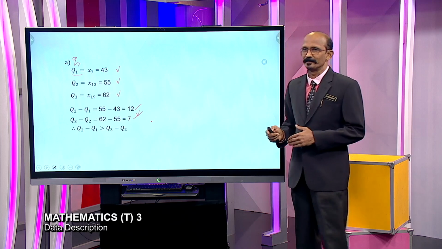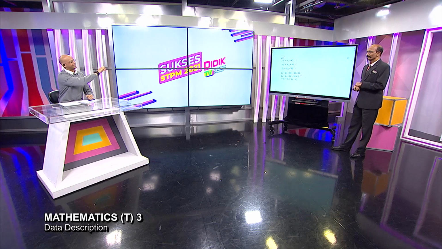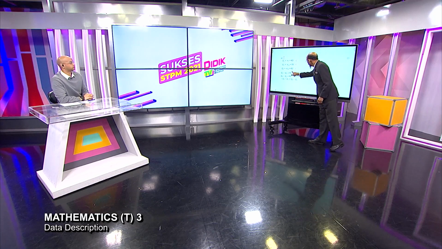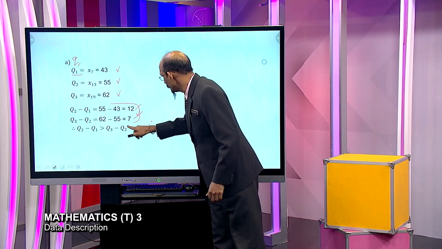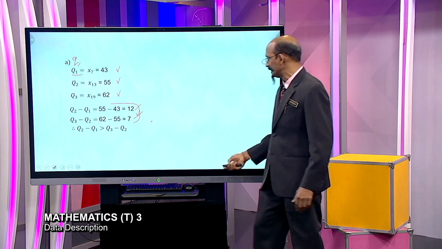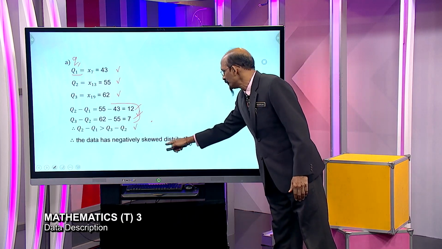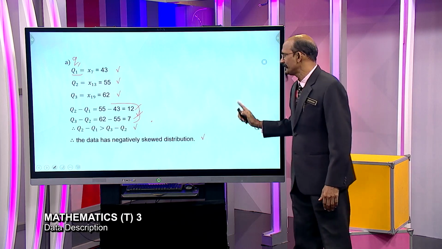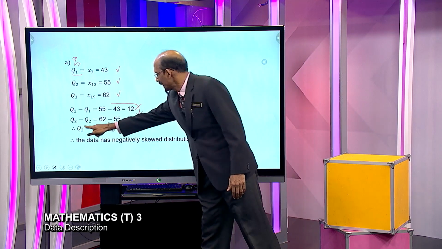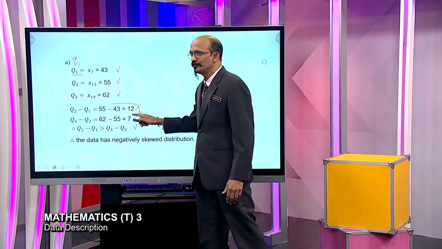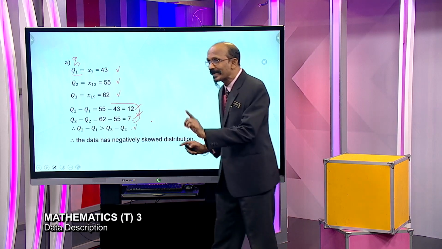But what happens if you don't write this line in particular? Let's say you never do the comparison, and you go straight for your answer: negatively skewed distribution. If the student never writes this and only does these two, then marks will be deducted.